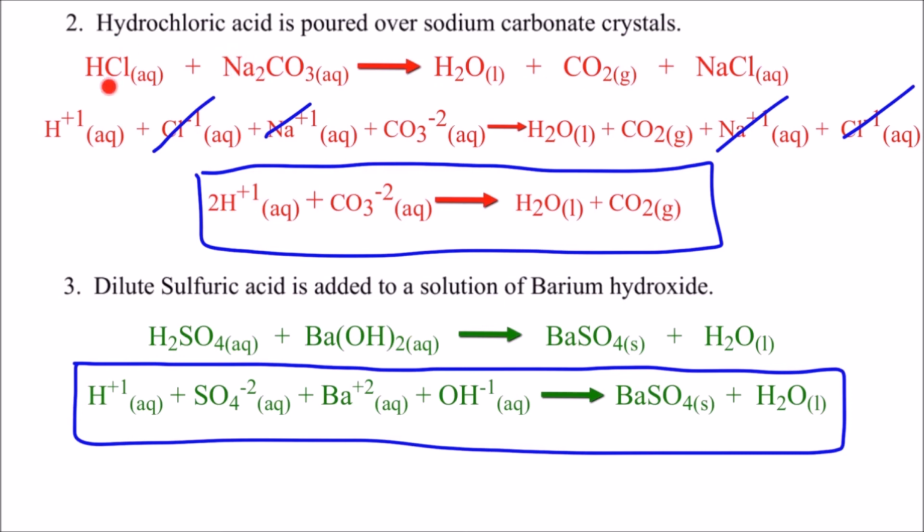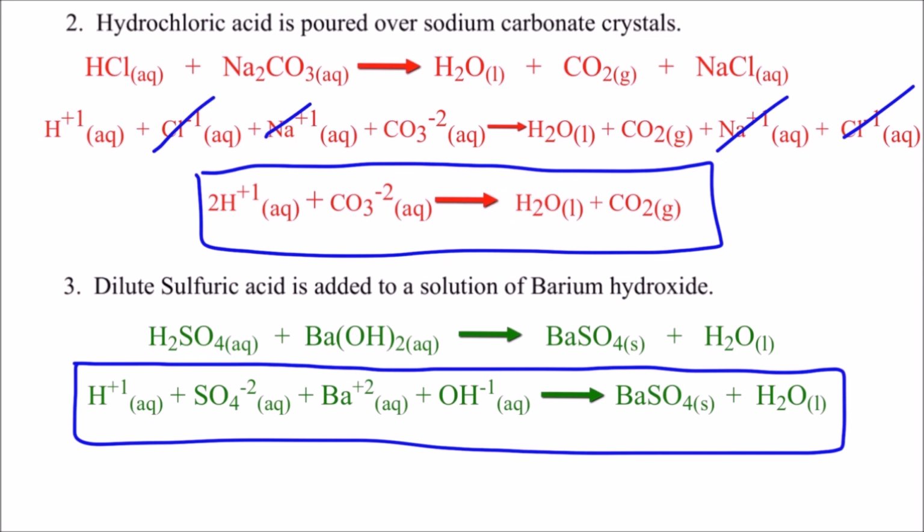And then the sodium pairs up with the chlorine, so there's another group 1A, so those break down. Then we cross out our spectator ions, and then we have our hydrogen plus the carbonate ion gives us the water and the carbon dioxide, and then we have to balance it.